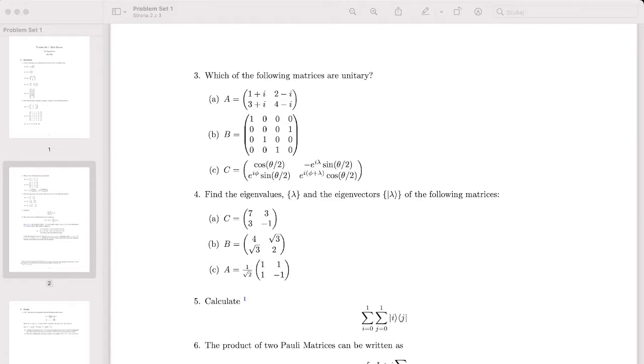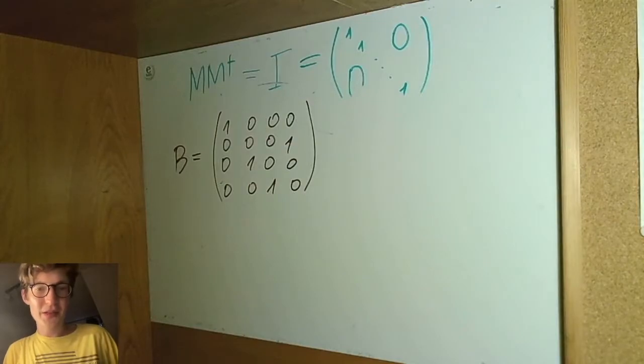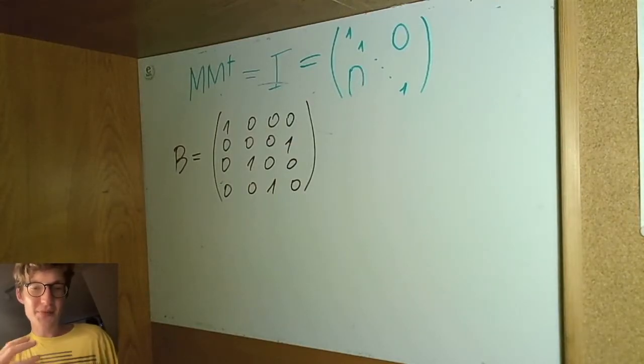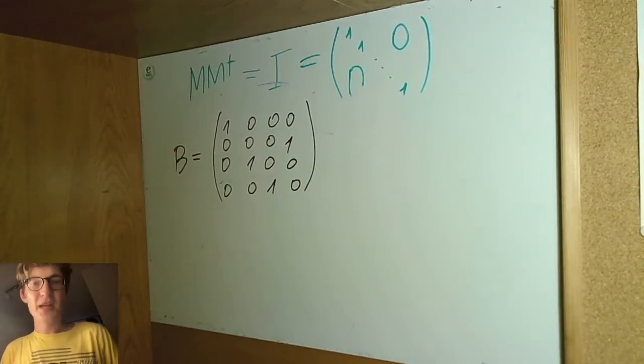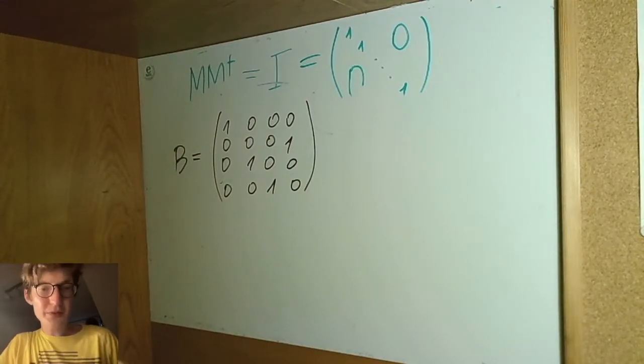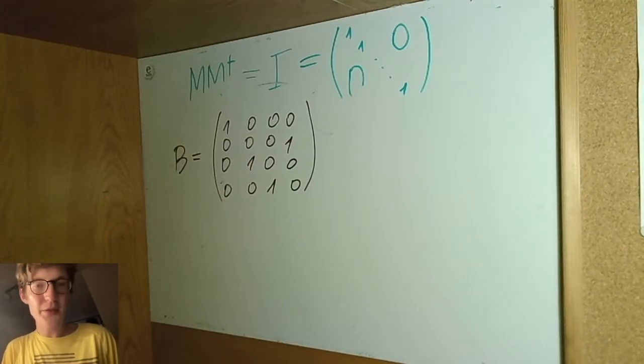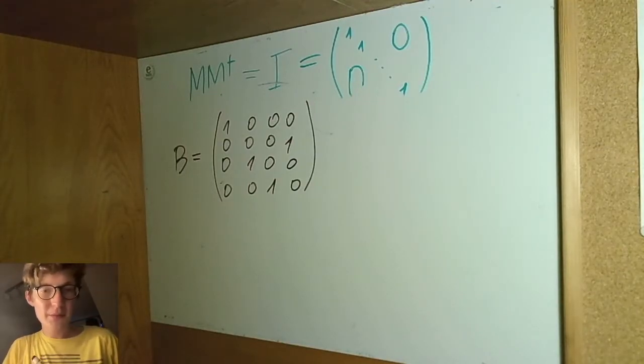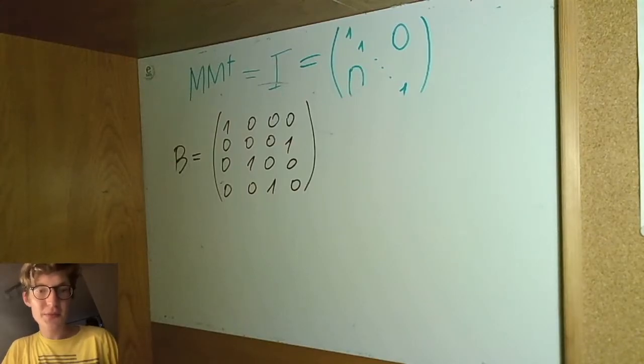The next example, in fact, satisfies both conditions I talked about, because all its rows are normalized vectors, because its entries are zeros and single ones. So we already know that the sum of squares of absolute values is one in each case, and also the dot product of each pair of these rows is 0, because these ones are just placed in different places.